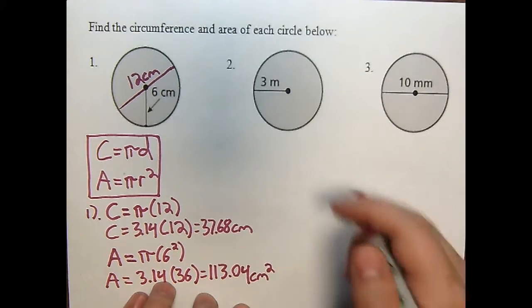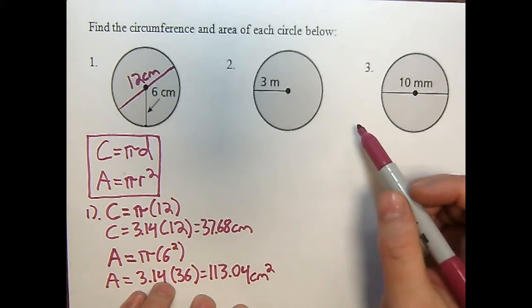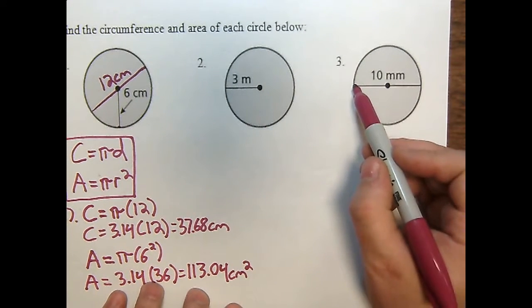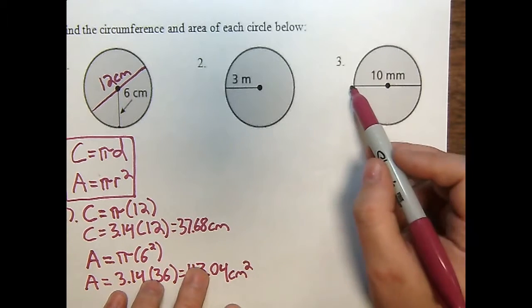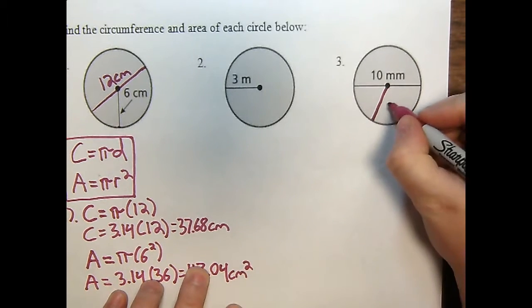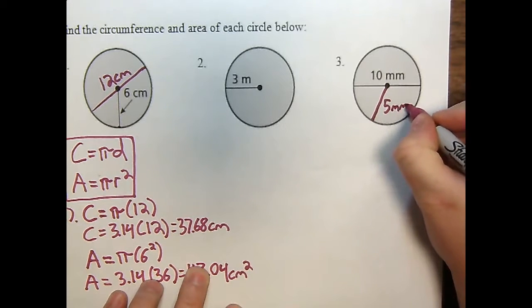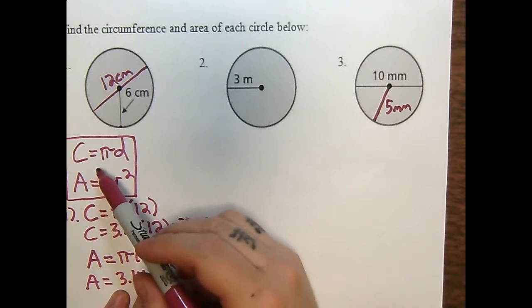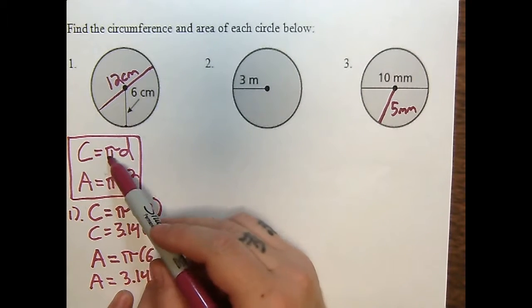Alright, we're going to skip number 2 because it's exactly like number 1, but I want to focus on number 3 now. So the same thing. I always fill out my missing piece, so I know if I have 10 as my diameter, I need to cut that in half, so I'll have 5 millimeters as my radius. Same thing for circumference, I need to use cherry pie delicious.